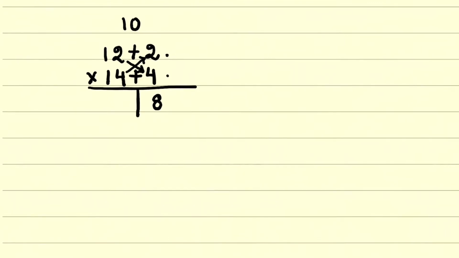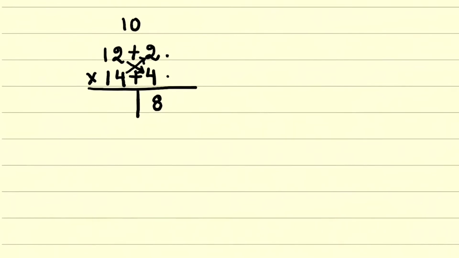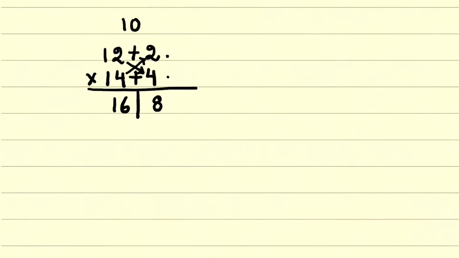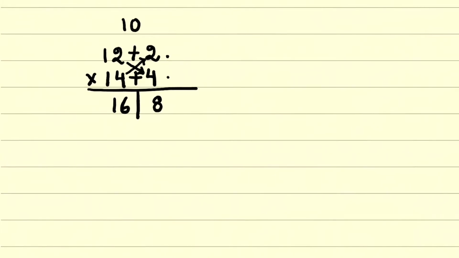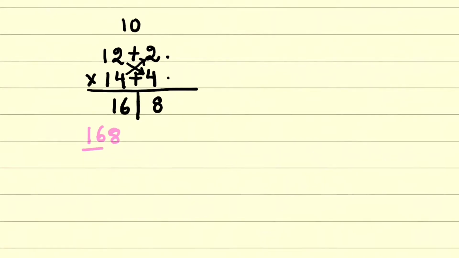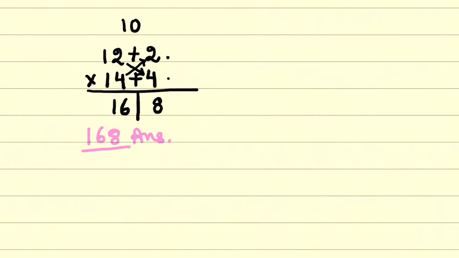The result will be the same. It will be 16. Either way you add. So you get 16 over here. And that's all. 168. This is your answer. See how simple it is.